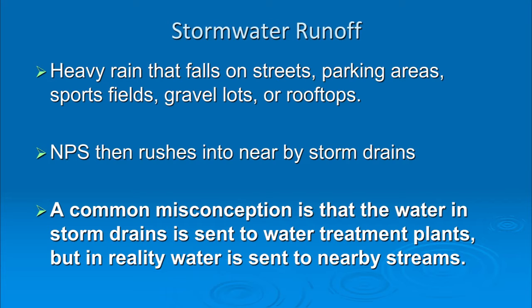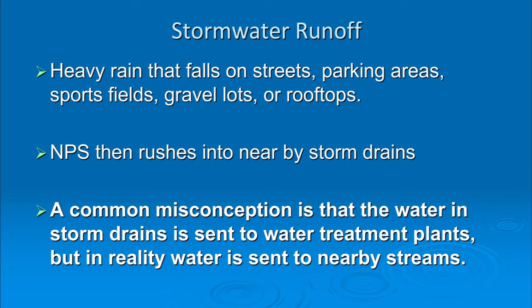I'm sure that everybody on this call has a pretty good idea of where that water goes, but I do want to make this point because often when I give the presentation to the general public, some people skip over this. At one point in our history, we called storm drains storm sewers.